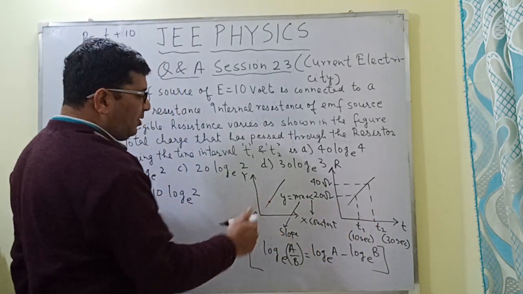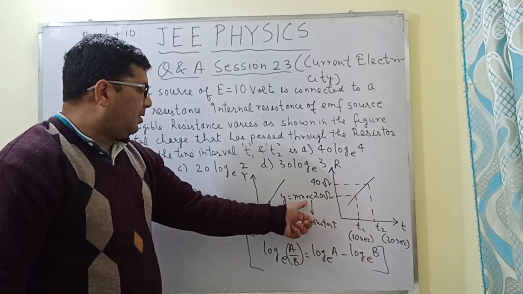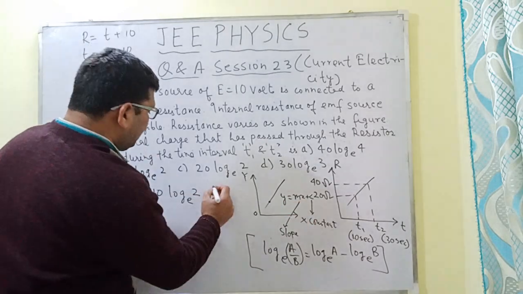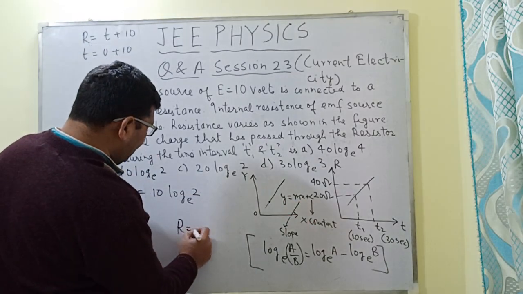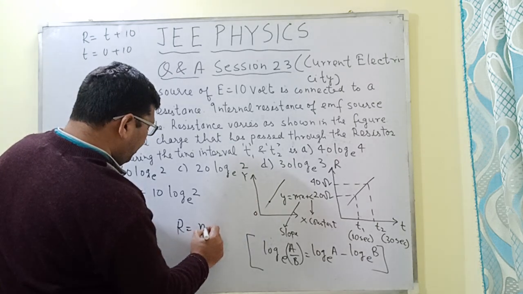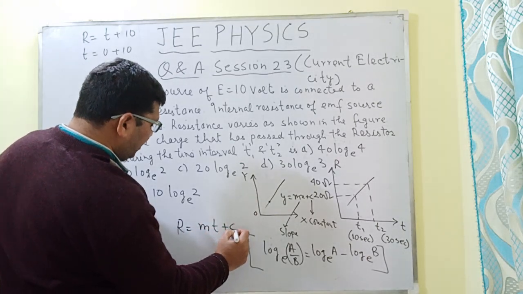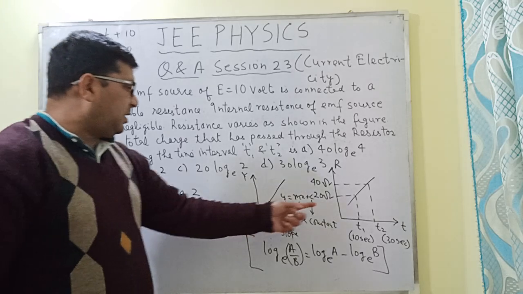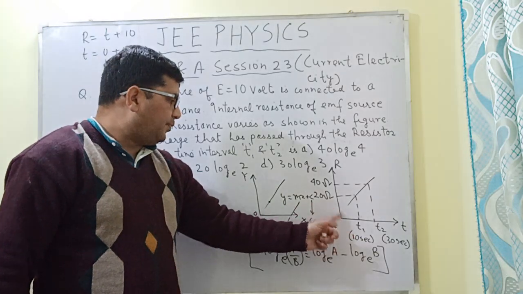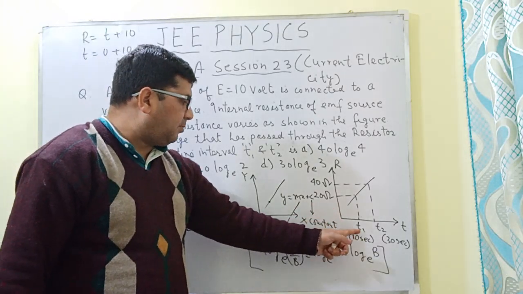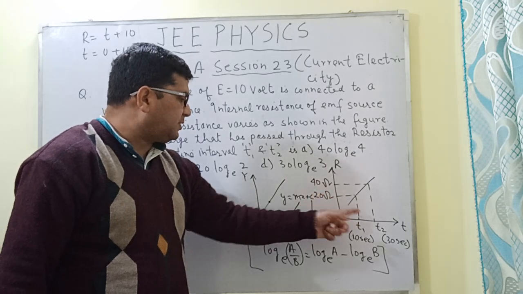So I got R equal to mT plus C, and then we were given the value of the resistance at time T1 and the value of resistance at time T2.